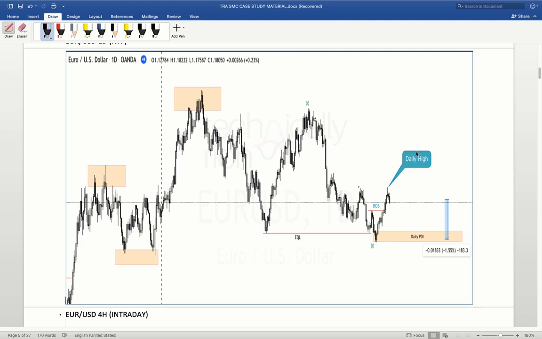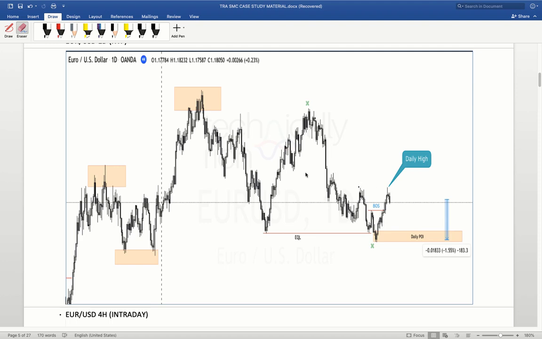Now look, the daily has created a high. If you look closely, you notice we have a dodgy candlestick there, and another dodgy candlestick there before a nice bearish engulfing candlestick.